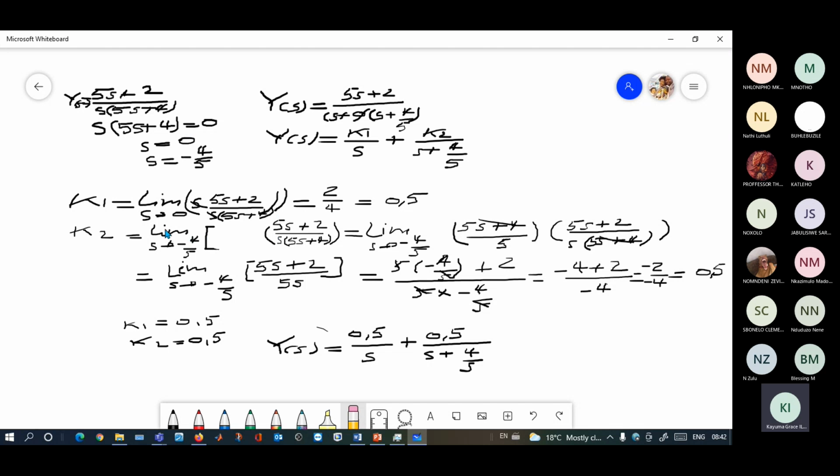So this is what we did basically for this first one. So when we multiply, we can simplify this to s, then we can replace the 0. 0 can replace s there, then we're going to have 2 over 4. So the second case also was the same.